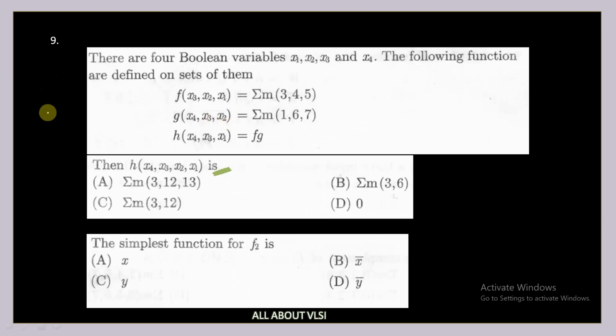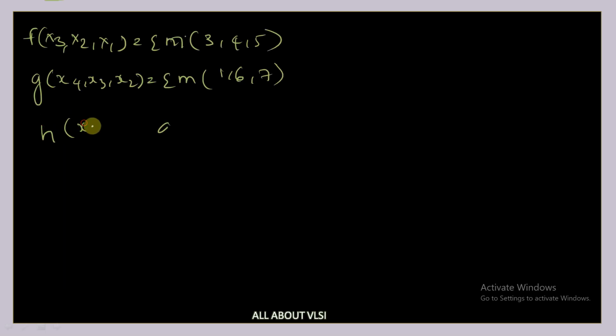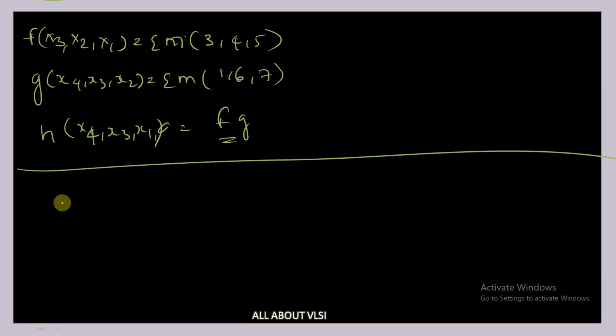Now h is f into g. So first of all, I will find the equation for f. You can use a K-map or you can directly solve them, it's up to you.